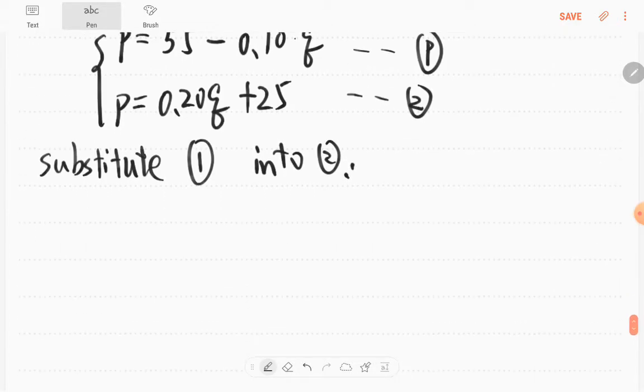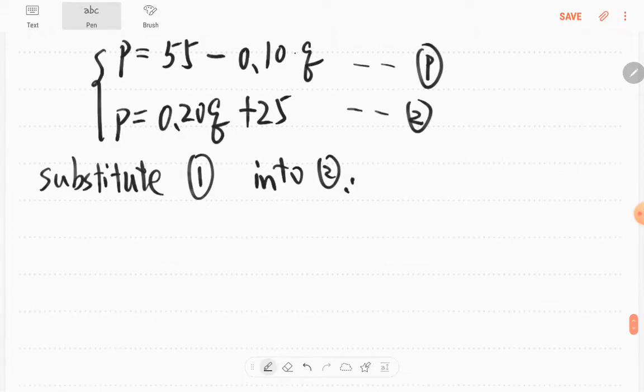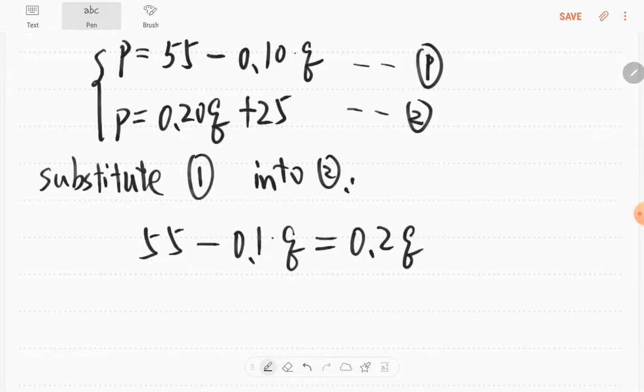Then P on the left side of the second equation is given by equation 1, so 55 minus 0.1 times Q equals 0.2 times Q plus 25.